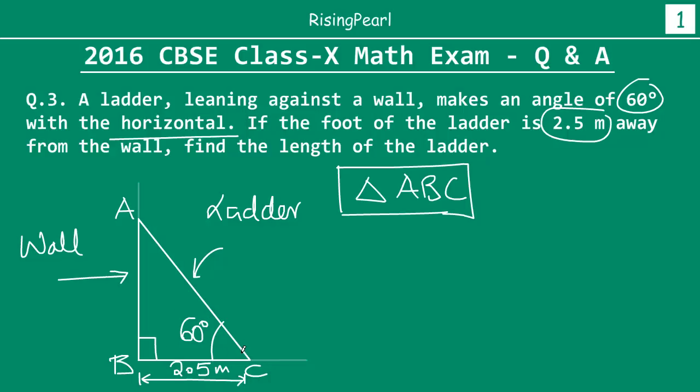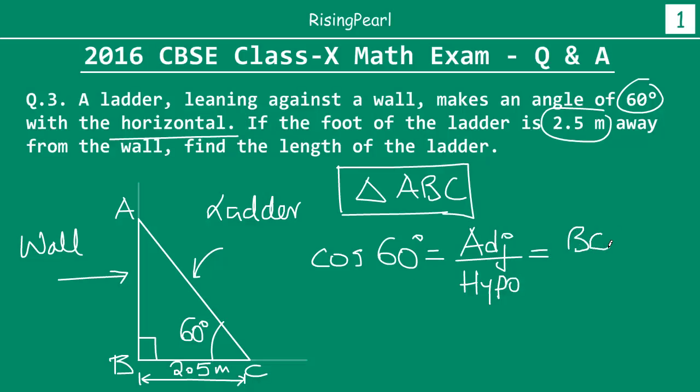So we can simply find the trigonometric ratio that connects these two sides. And what will that be? That will be cos 60 degrees, because cos 60 degrees is equal to the adjacent side divided by the hypotenuse. In other words, the adjacent side BC divided by AC. Now what is cos 60?